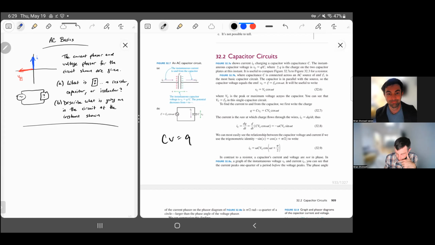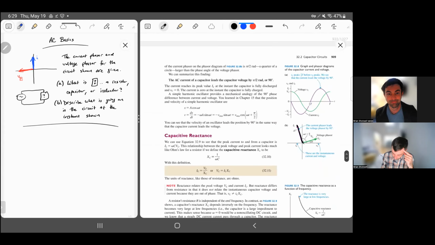So the current and the voltage are off by 90 degrees, because when you take a derivative of either sine or cosine with respect to time, you get the other one. The derivative of sine is cosine, and the derivative of cosine is minus sine. So you get a trig function that's 90 degrees out of phase, one way or the other. Whether this current vector is this way or this side relative to the voltage, they're 90 degrees apart because of this derivative relationship between the two.